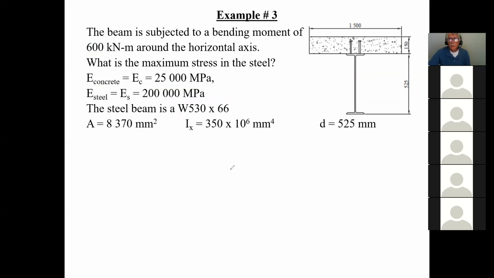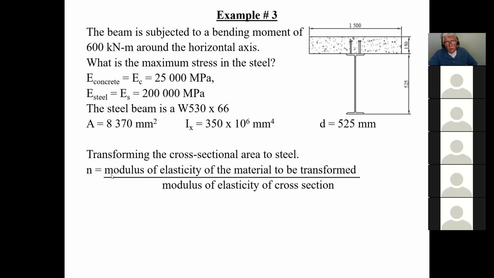Now it's going to be much easier to take this rectangle and transform it into steel than to take these two plates and transform all this into concrete. So we're going to transform the concrete to steel and then do all our calculations. Transforming the cross-sectional area to steel, I take the ratio of the material to be transformed, which is concrete, to the material I'm transforming the cross-section to, which is steel.